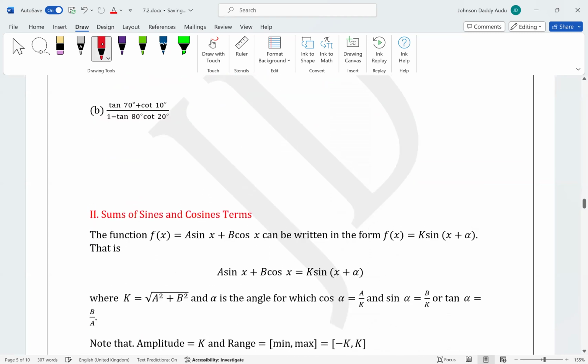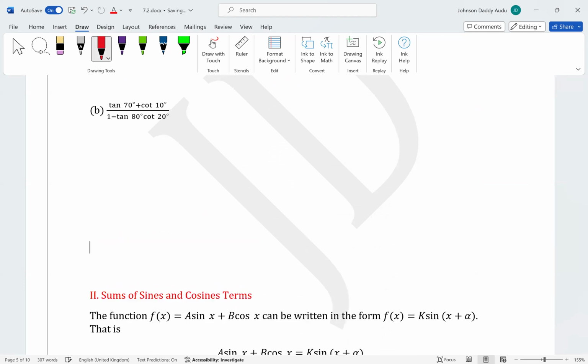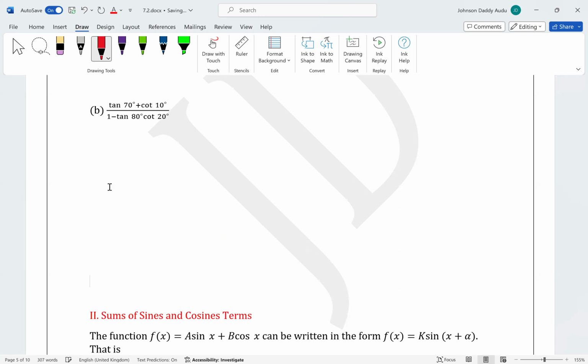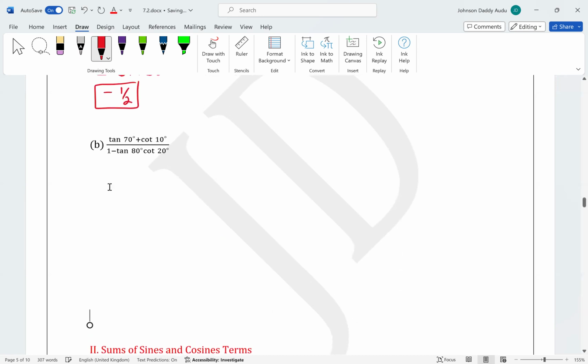All right, then for this one, the B question, it's what? Here, we have to use the same thing. We have to try to write this: tan 70 plus cotan 10 is the same thing as tan 90 minus 10, right?